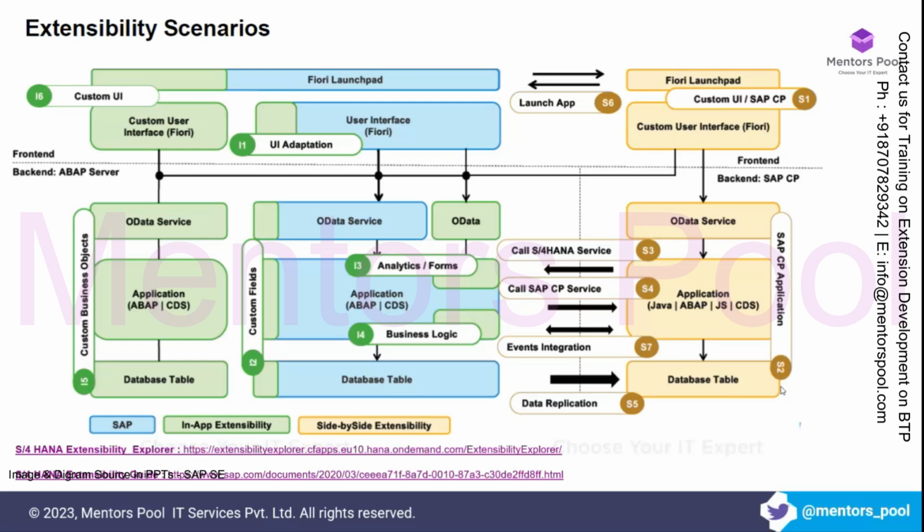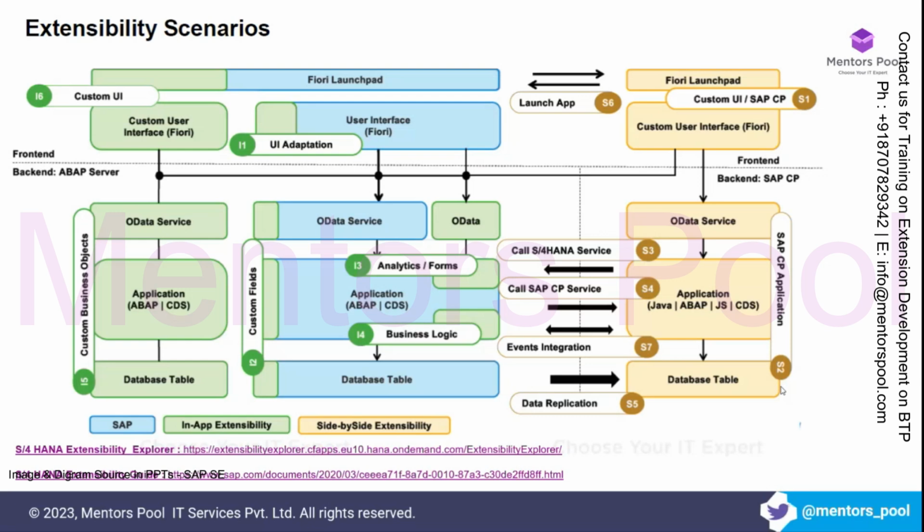All these layers we talked about, the database layer, the application layer, and the OData service layer, can integrate or interact with their on-premise counterparts with the help of data replication or event integration, like we just talked about with event mesh. We can use cloud platform services on premise, or we can use S/4HANA services on cloud.